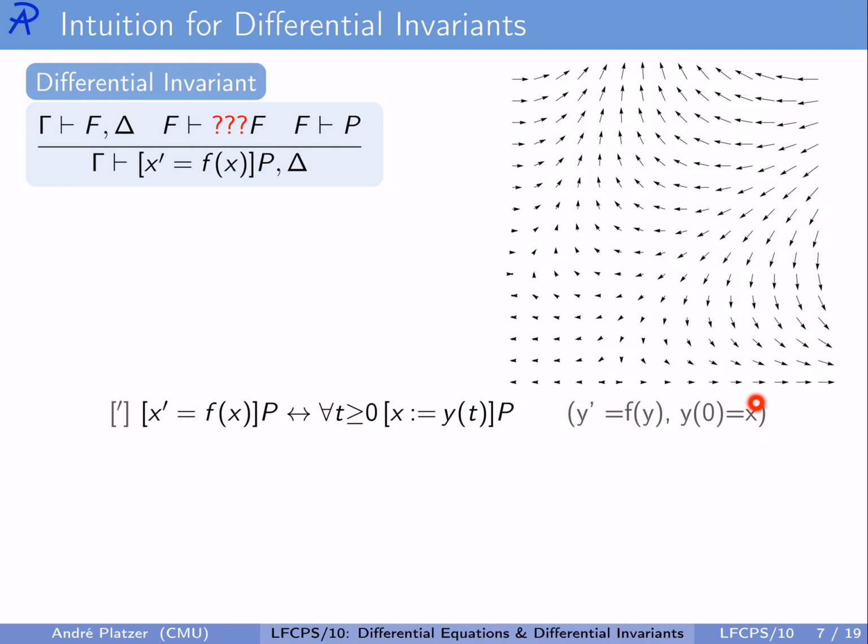And if we have generic solutions for this, then we can replace the question whether the property p is always true after an ODE by the question whether for all times t, if we insert the time t into the solution y, and then change the value of the variable x to be y of t by a discrete jump, p is true under all of those circumstances. That's exactly the same as to say that p is always true after the differential equation.